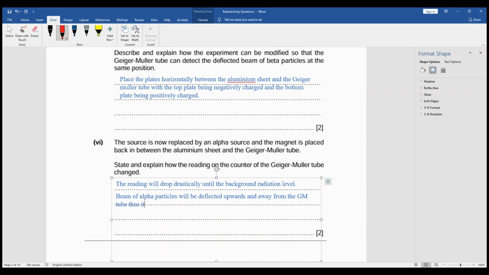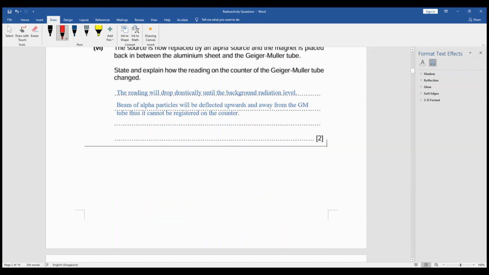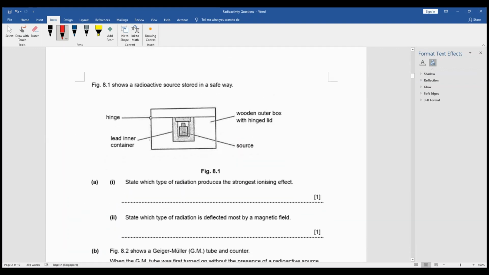Thus, it cannot be registered. Yeah, it cannot be registered on the counter. Okay, then that covers my 2 marks. Okay, next question.